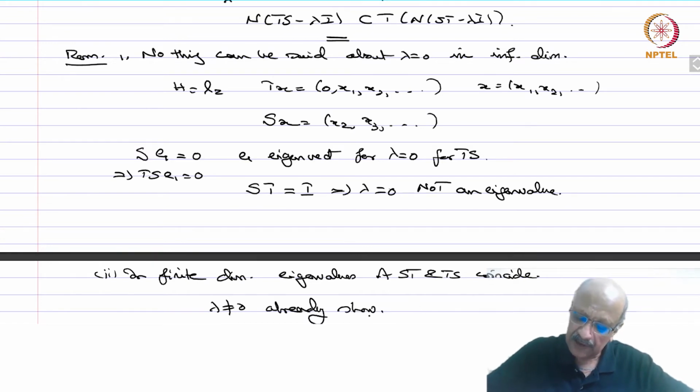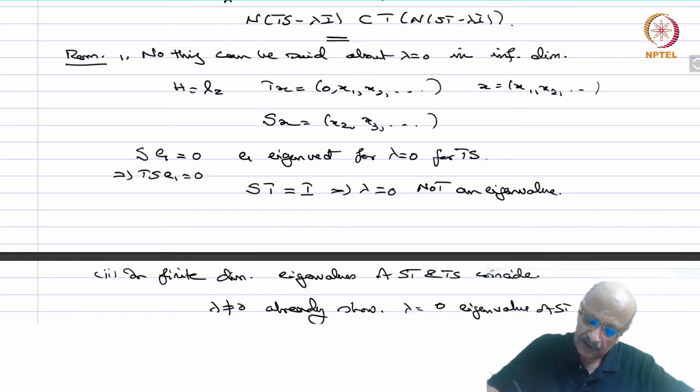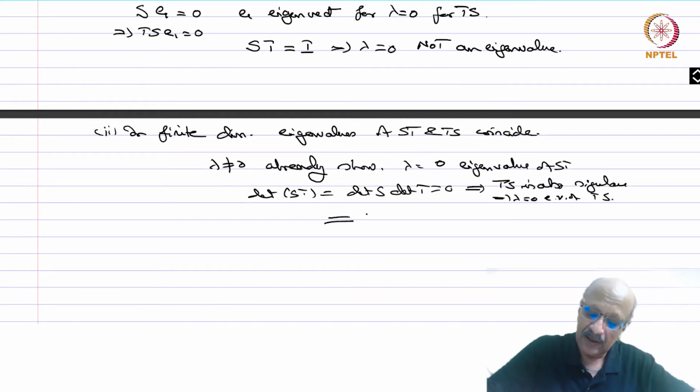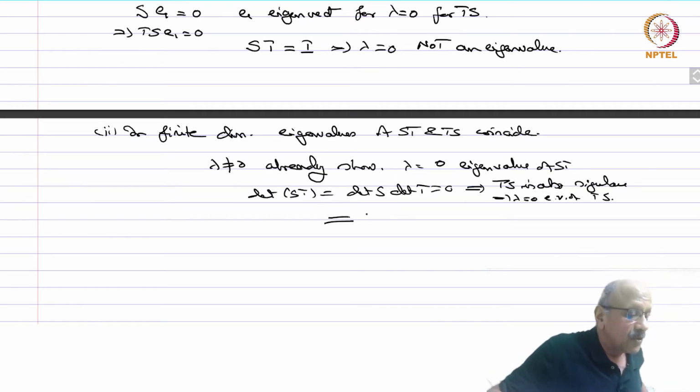So if 0 is an eigenvalue of ST, that means determinant of ST equals determinant S into determinant T equals 0. This implies TS is also singular because its determinant is also 0, which implies lambda equal to 0 is an eigenvalue of TS. Okay, and therefore in the finite dimensional case, in fact you can show that the characteristic polynomials are the same. Okay, so that you might have done in linear algebra.